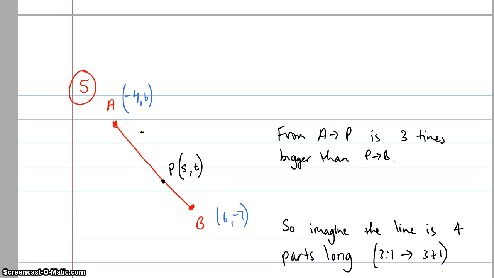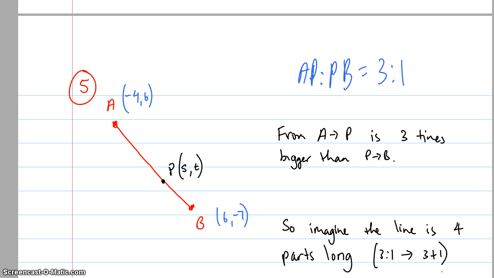And it also says that the ratio of AP to PB is 3 to 1. So what that really means is that from A to P is 3 times bigger than P to B. So imagine if the line is 4 parts long. I get the 4 parts from this here, so 3 parts to 1 part, so the total of 4 parts.